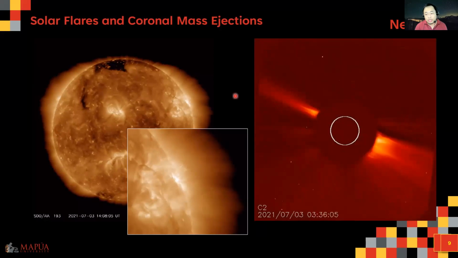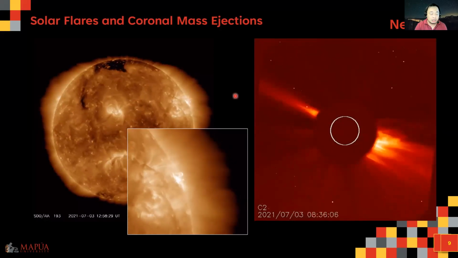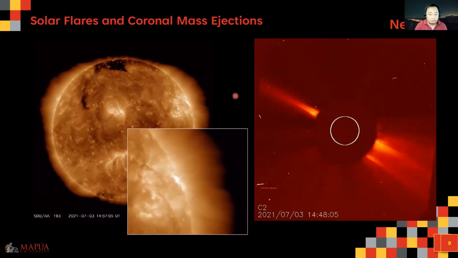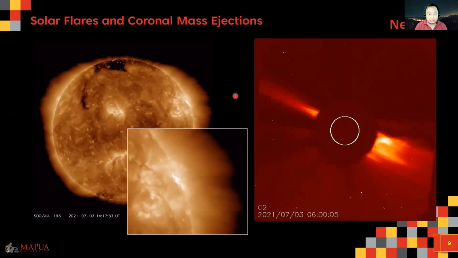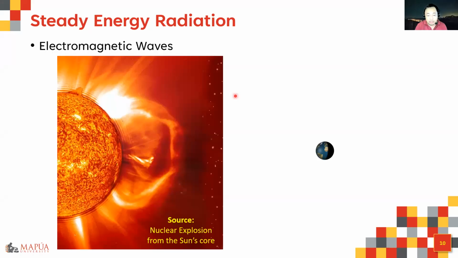Okay, but before doing that, let's have a quick review of the energy being generated by the sun. First, energy generates electromagnetic waves. When you say steady energy radiation, that means this energy, propagated by electromagnetic waves, is being given off constantly. That's why it's called energy.